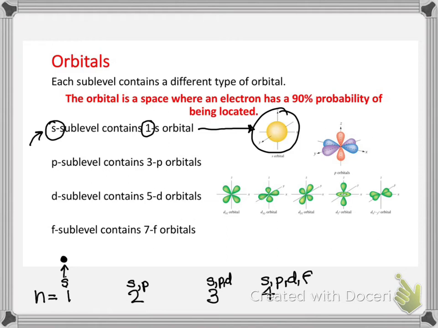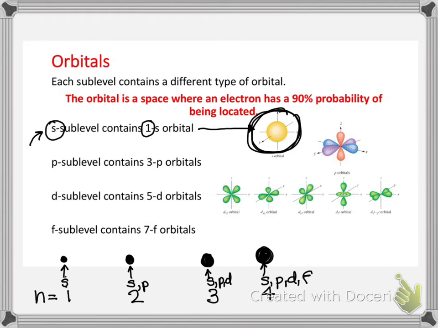This one has an S too. It would still look like a sphere, but now it would be bigger because it's farther away. The 3S would still look like a sphere, just bigger. And the 4S would still look like a sphere, just bigger because you're getting farther and farther away from the nucleus.